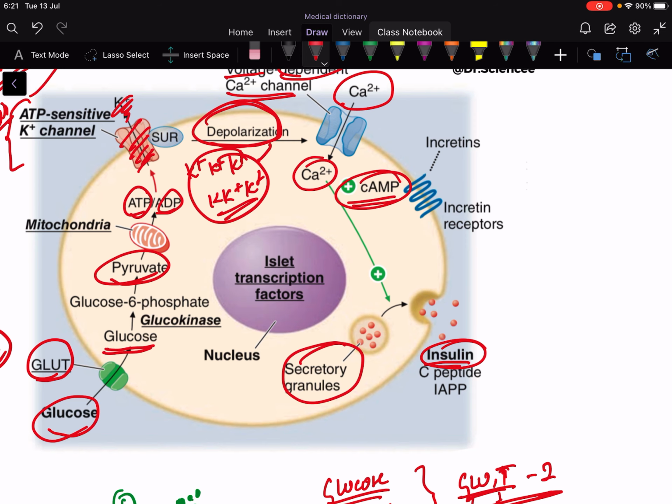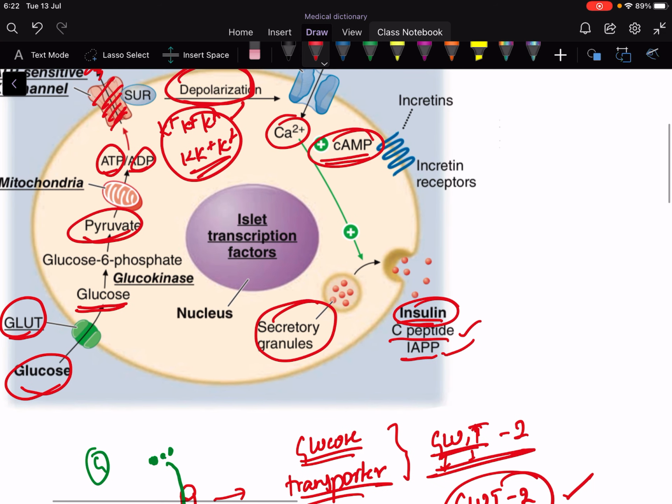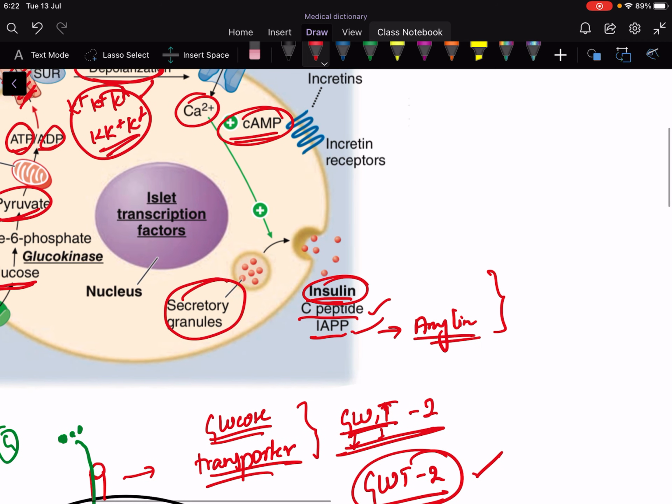Along with insulin, you will also see C peptide and IAPP, okay, which is also called as amylin, which are used for diagnosis of diabetes mellitus. Okay, all these three.